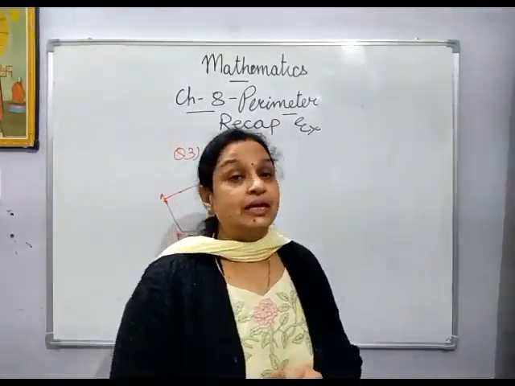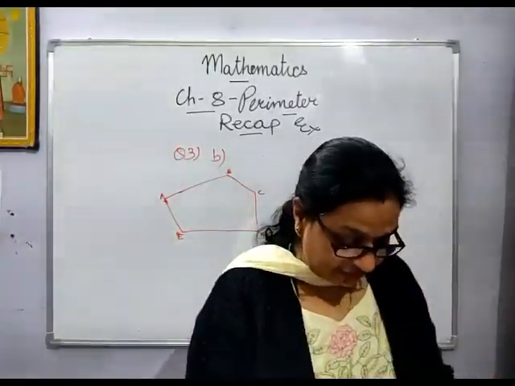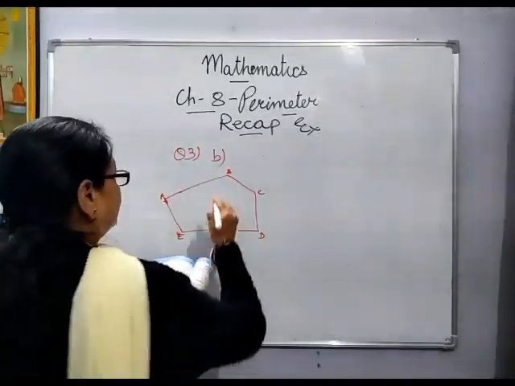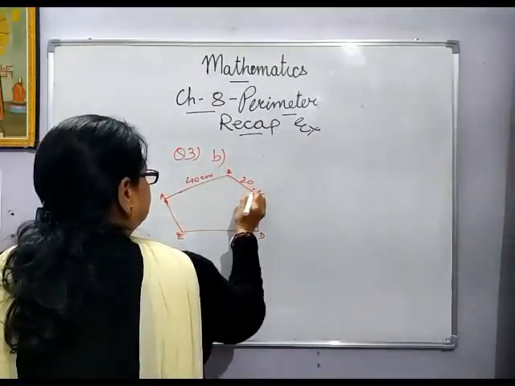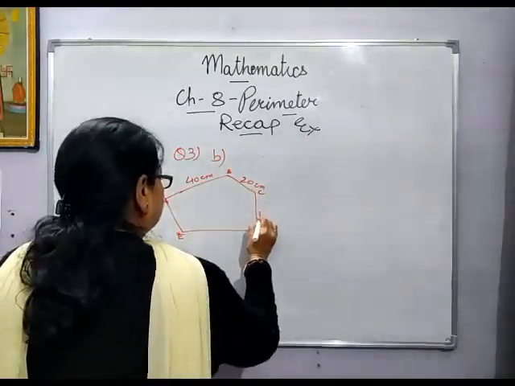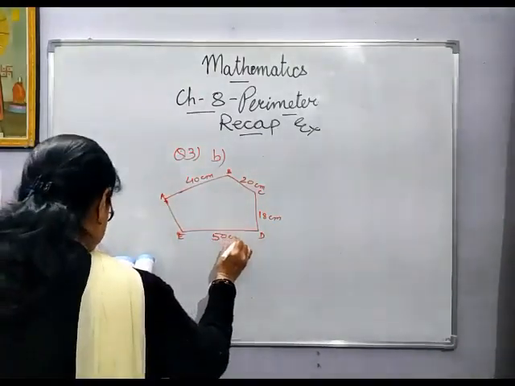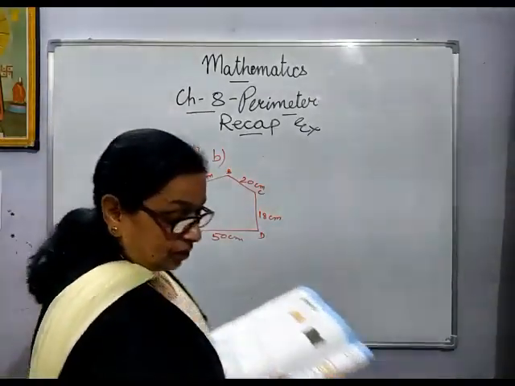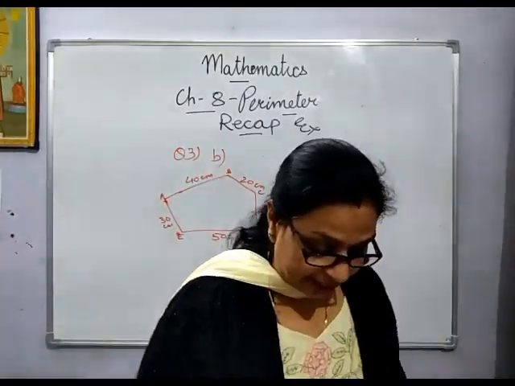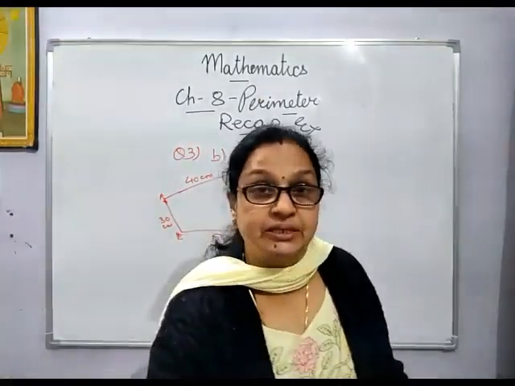We can also take out the perimeter of such figures, such polygons, and the measurements they have written are 40 centimeter, 20 centimeter, 18 centimeter, 50 centimeter, and 30 centimeters. And just now I have explained that the question is to find the perimeter of the following polygons and express them in meters.